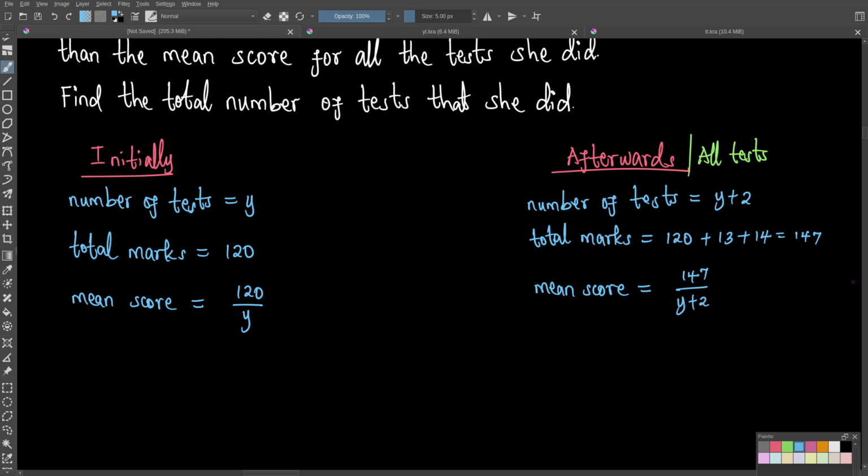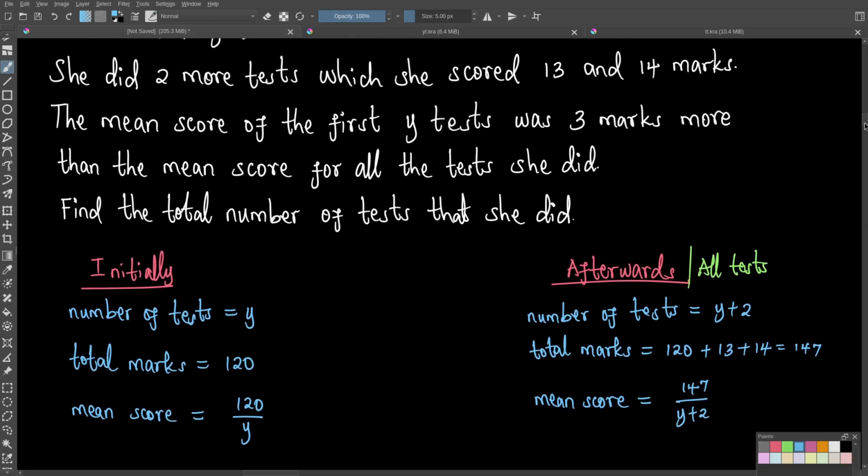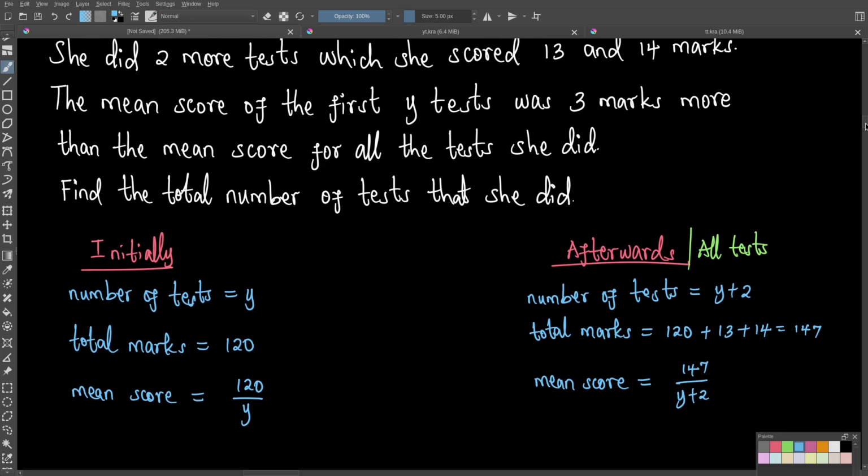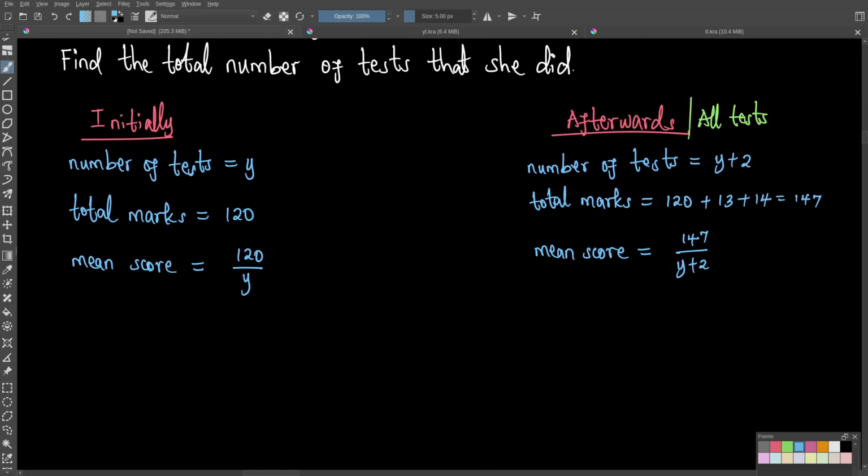Okay, so let's read that part again. We are told the mean score of the first Y tests was 3 marks more than the mean score for all the tests. So this means that if I take the first mean score, 120 over Y, and I minus 3 since it was more, I should get the new mean score, which is 147 over Y plus 2.